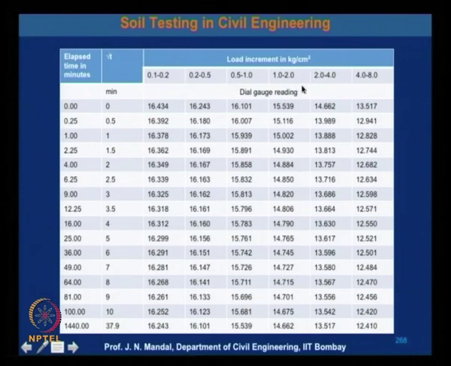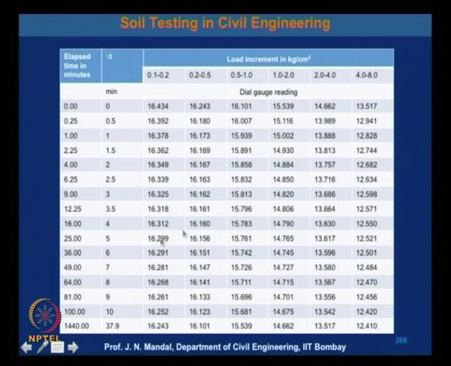Then again you apply the load increment 1 to 2, and keep on reading like that from 0 to 1440. Then again you increase the load from 2.0 to 4.0 kg per centimeter square, and under the different elapsed times you take the reading, and finally 4.0 to 8.0 kg per centimeter square increment loading, then you take the reading under the different elapsed times.